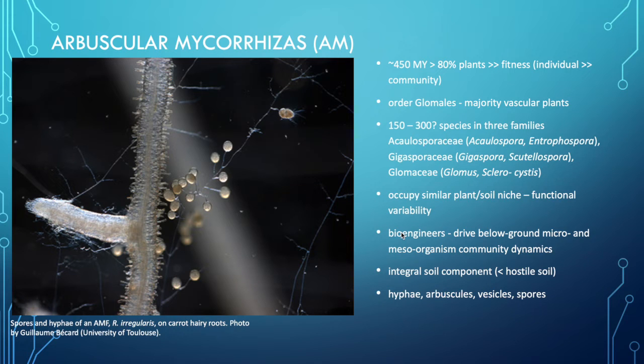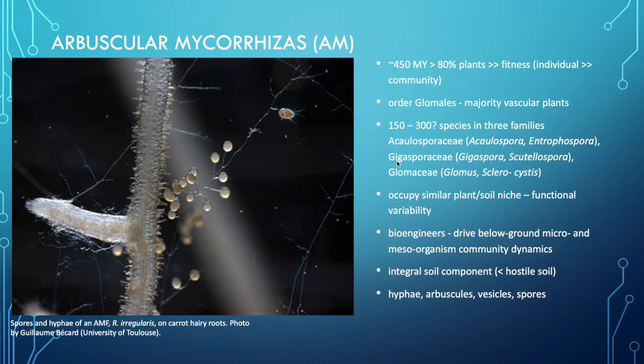They can be considered as bioengineers because they drive below ground micro and mesoorganism community dynamics. What this means is that they disperse nutrients and choose different organisms by how they share the nutrient from the plant, determining the microbial world around the plant, as well as the mesoorganisms that can feed on these fungi as well.